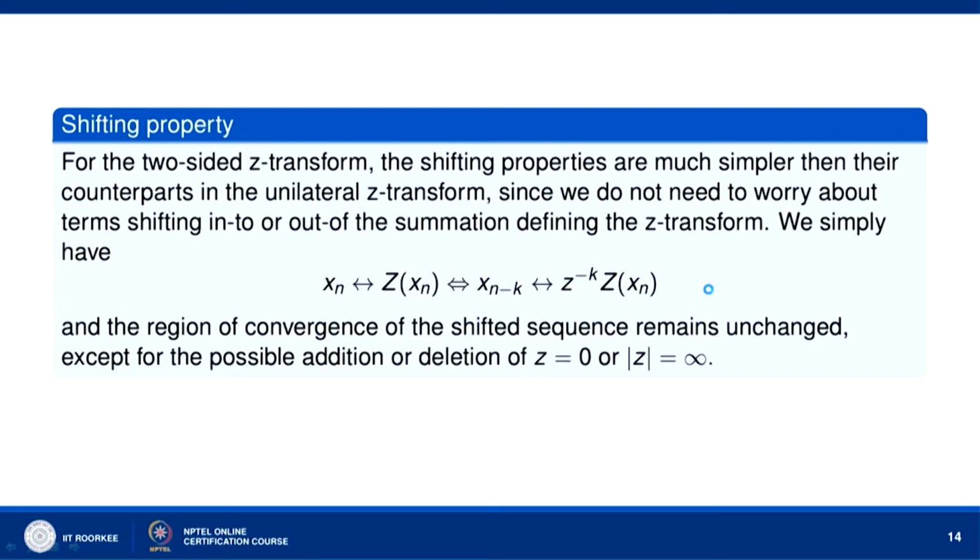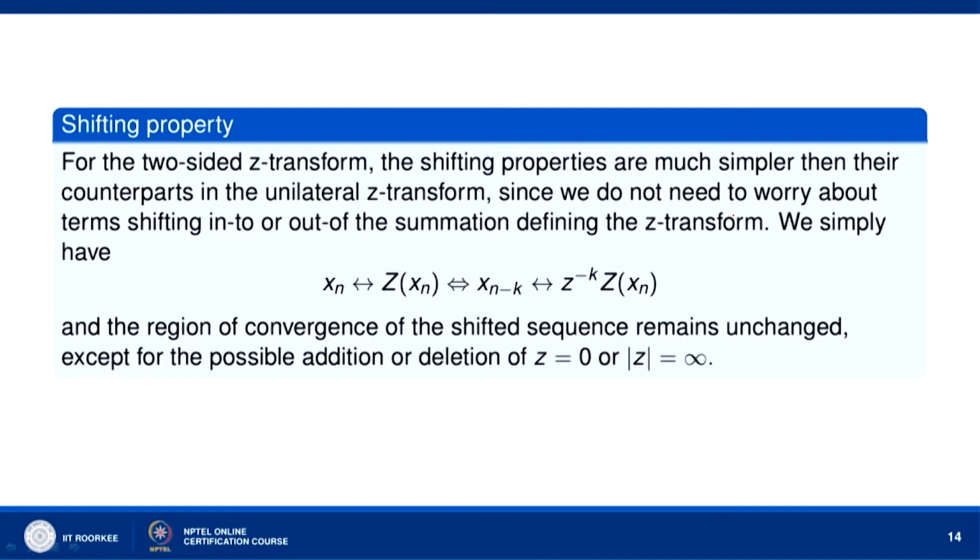Now, for the two-sided Z transform, the shifting properties are much simpler than their counterparts in the unilateral Z transform, since we do not need to worry about terms shifting into or out of the summation defining the Z transform.